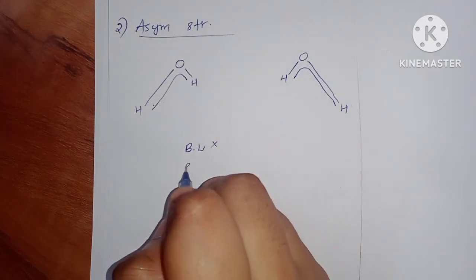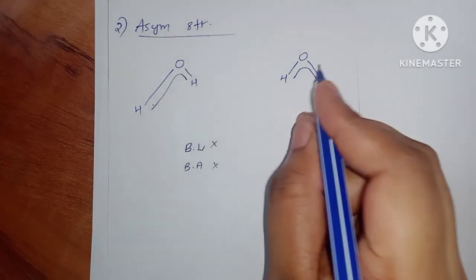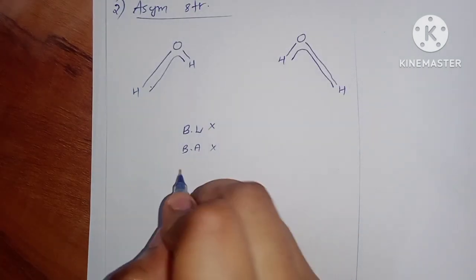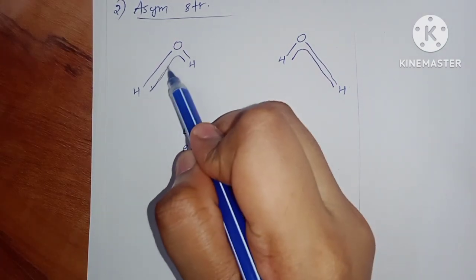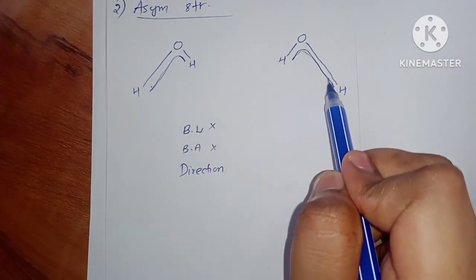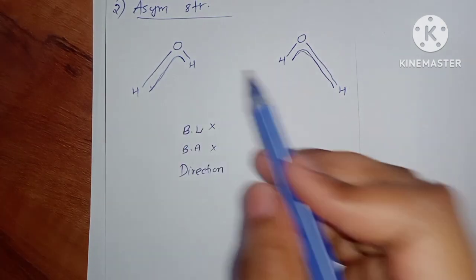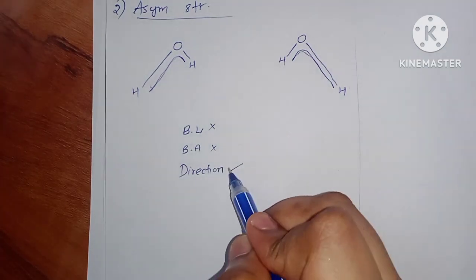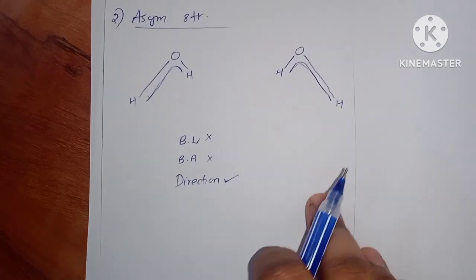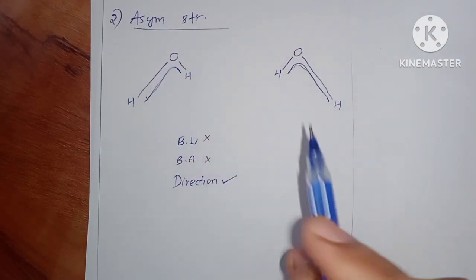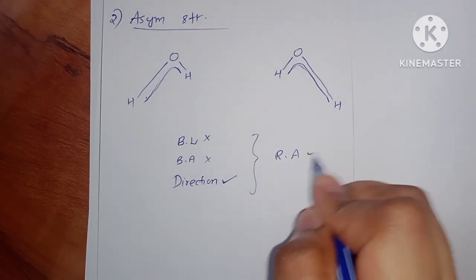The bond angle also, if we consider, is not changing. It is the same for both cases. But what is changing is the direction of polarizability. You can visibly see that this shape is just the opposite of this one. So that affects the electron cloud distortion also. What is changing is the direction, and we have to consider the direction of polarizability as it is a non-centrosymmetric molecule, and we can say that this mode is Raman active.